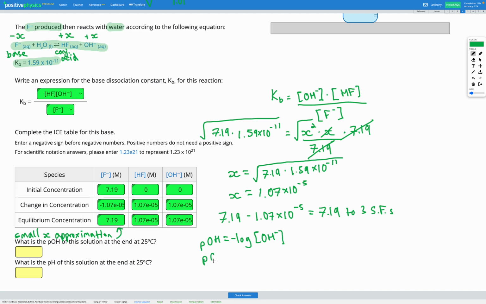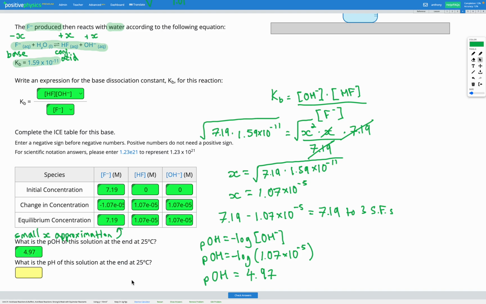So we can go ahead and put in our numbers there. -log the concentration of OH minus ions at equilibrium we just calculated is 1.07 times 10 to the power of -5. So if we put that into our calculator, we're going to get a pOH of 4.97. Let's go ahead and fill that in.